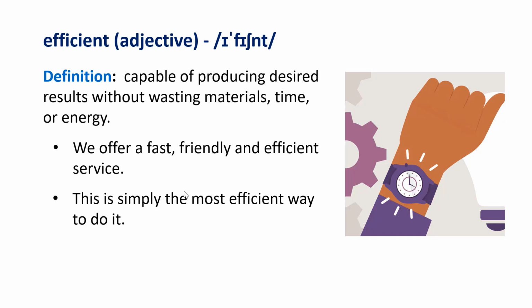So if you are discussing with your colleagues the activities we need to implement to help us get the targets of one project, after discussing for around two or three weeks with limited budgets and limited human resources, and you use this sentence, you mean that we cannot have other activities we can implement to help us get the targets of the project with these limited budgets or human resources. So for these activities, it simply is the most efficient way to do it.